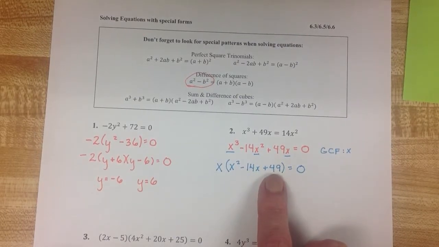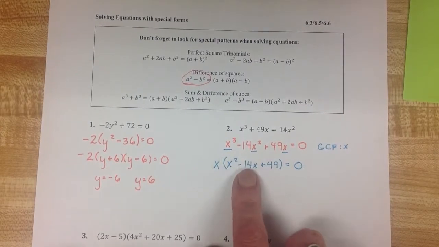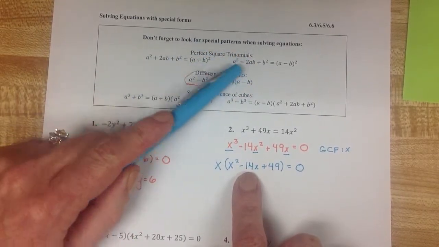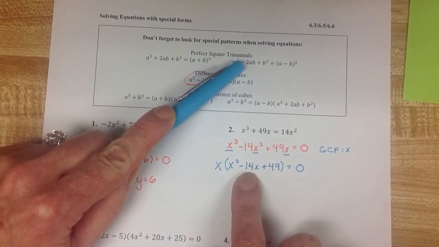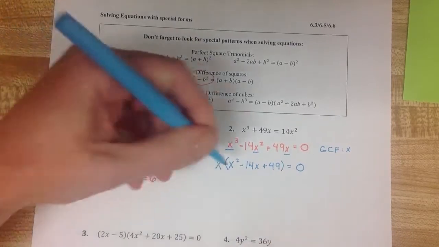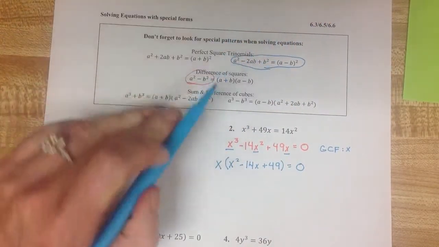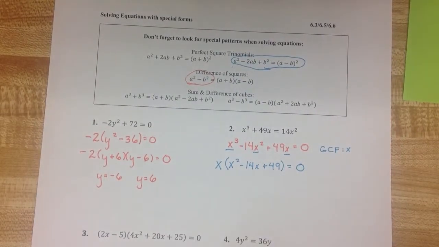If I take 7 and double it, that's 14. Is that my middle term? And sure enough, it is my middle term, with a negative sign in front of it. So because of that, this one is following that perfect square trinomial pattern.